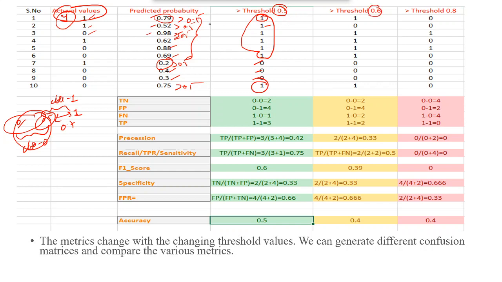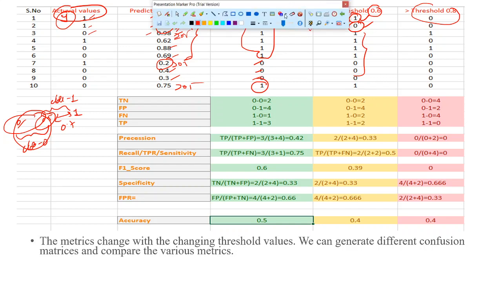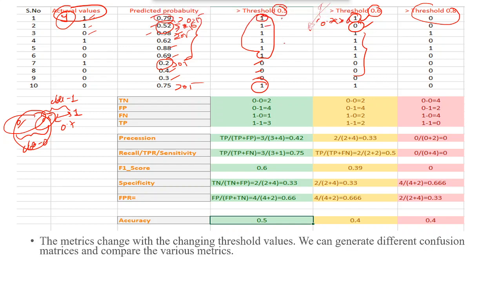Here 0.79 is greater than 0.6, so this is true, that's why it is considered class 1. Here 0.52 is not greater than 0.6, so it is 0. Same thing here also. Now I am considering the threshold 0.8. The threshold values we choose depend upon our problem statement.